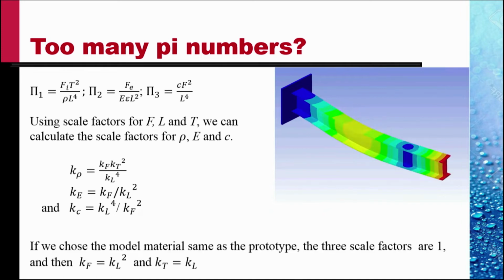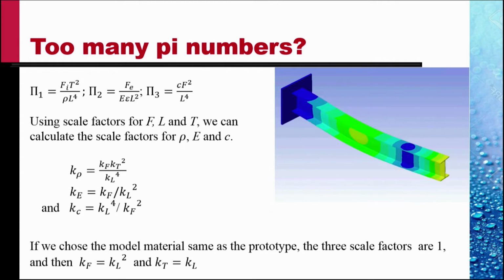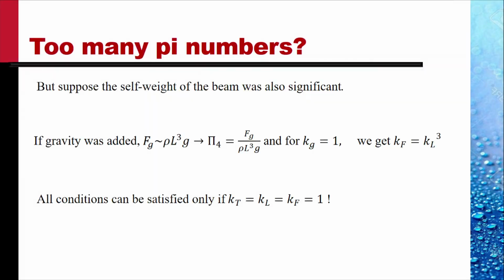If we choose the model material to be same as the prototype material, the three scale factors are all 1, and then Kf is like Kl square and Kt is like Kl. But suppose the self weight of the beam was also significant.